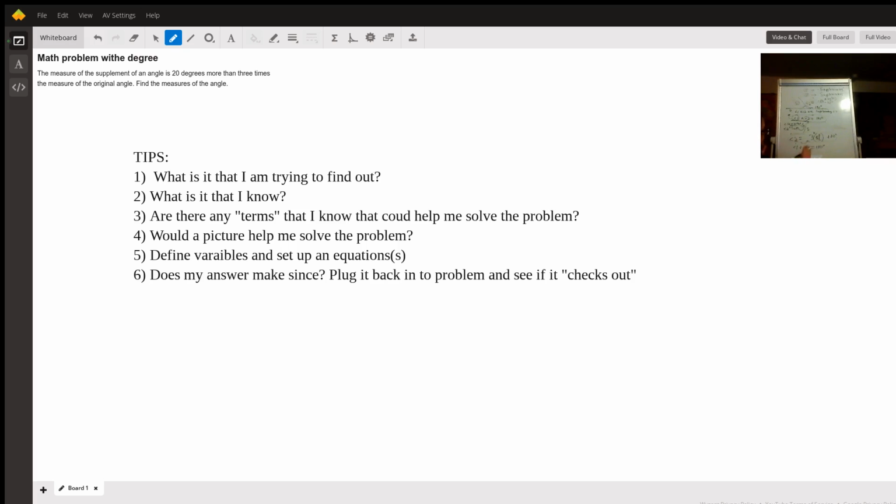So I'm just going to rewrite that whole thing over again because it's kind of sloppy. So we have two equations we're going to use here. Angle 1 plus angle 2 equals 180 degrees. And then the upper one was our statement, which was that angle 2 equals 3 times, parentheses, angle 1 plus 20 degrees.